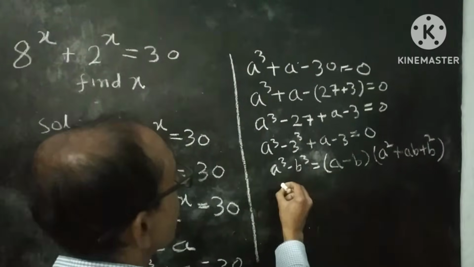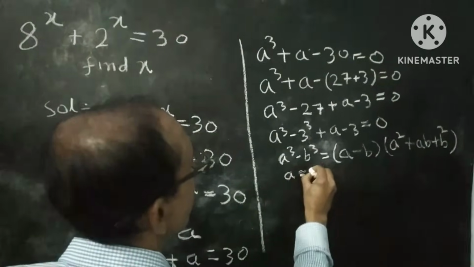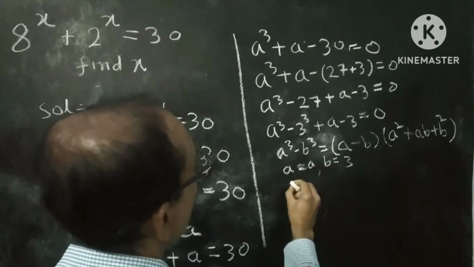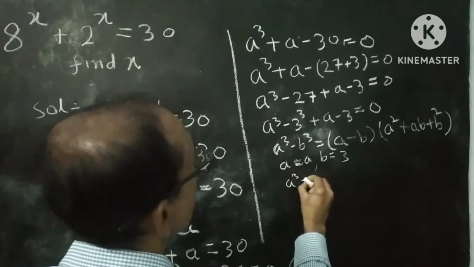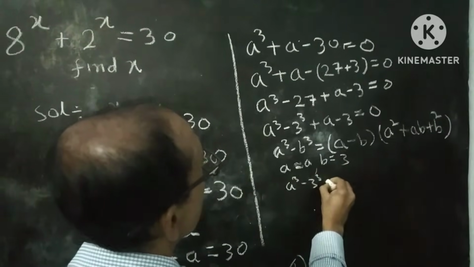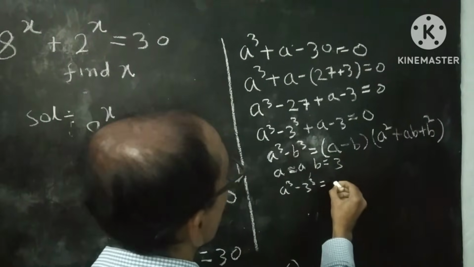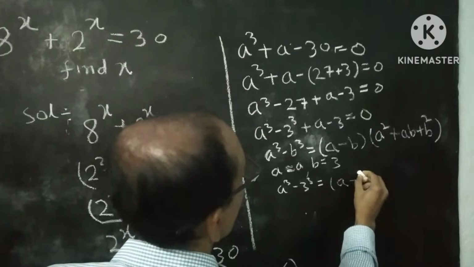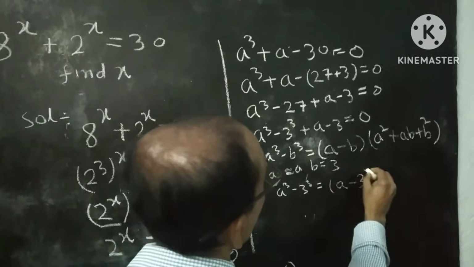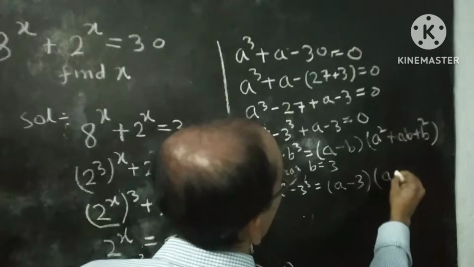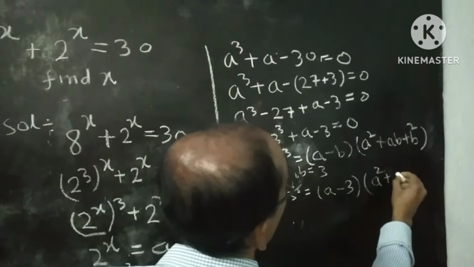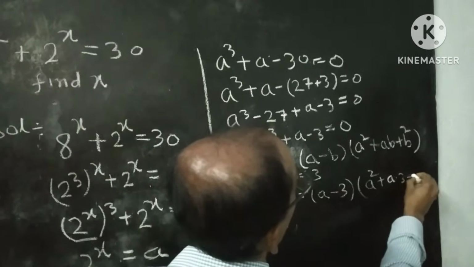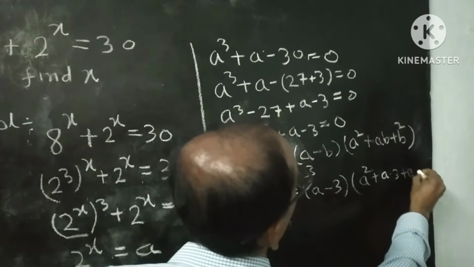So here take a as a, b as 3. So a cube minus 3 cube equal to (a minus 3), because b equal to 3, (a square plus a times 3 plus 3 square).